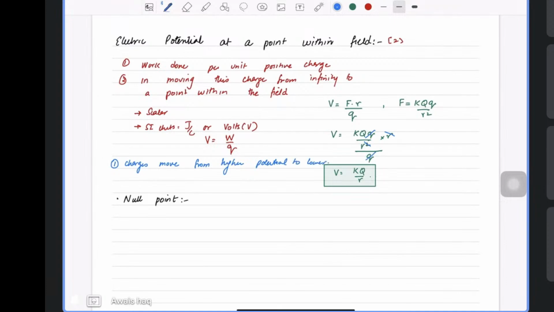So that's what you should remember. And we can earth, because earth is something that balances the charges, so we can earth to make potential 0 in certain things, so you should remember that as well. All right, if you have any questions now, please let me know.